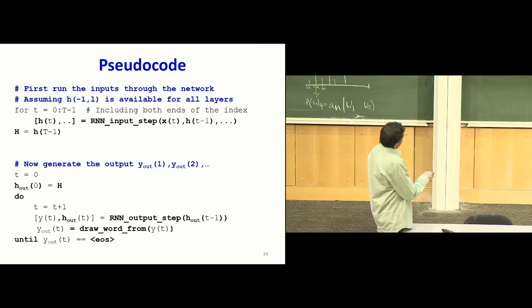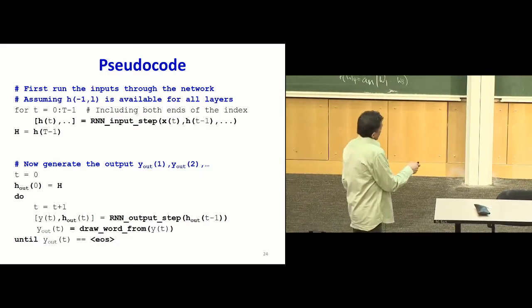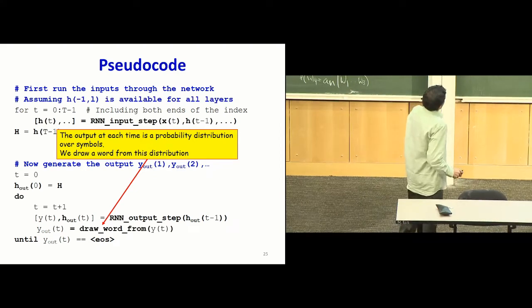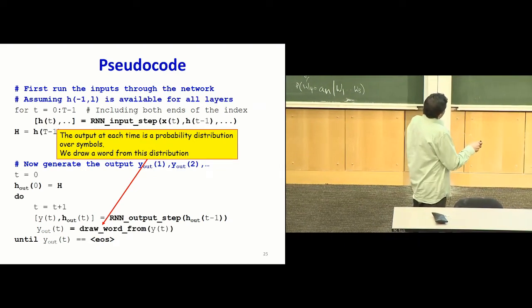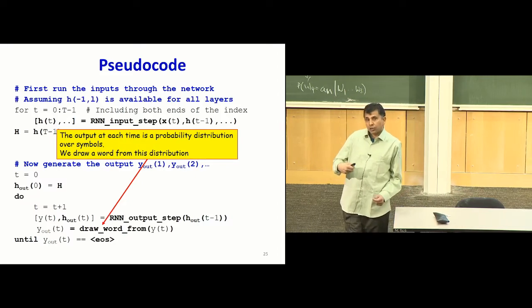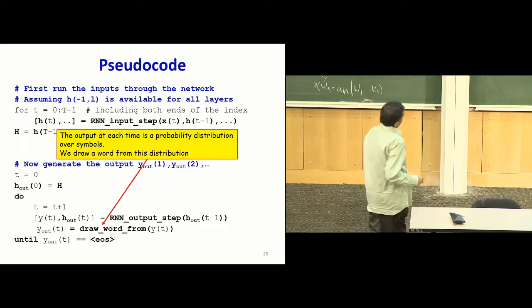The actual output word is going to be drawn from this probability distribution. You would continue doing this until you encountered an end of sequence symbol. Now, this one over here, again, observe, is not generating a single word. It's actually outputting a probability distribution. The actual word is drawn from this distribution.